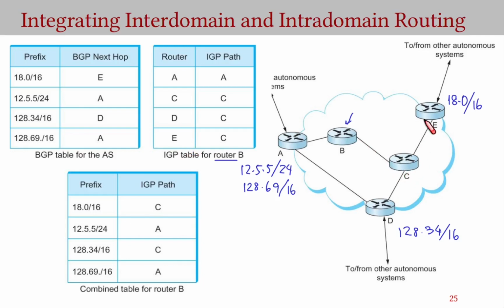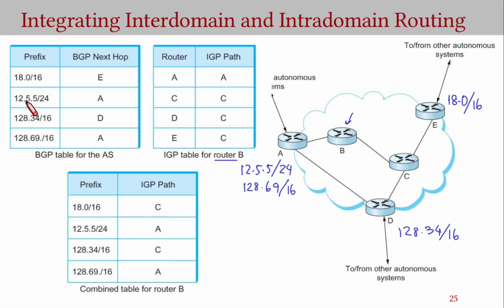And so to merge these two tables, it's rather straightforward. What B is going to do to send traffic to this prefix is this: it knows that to send to this prefix, it has to send to E, and it can reach E through C. So all it does is send this traffic with this destination to C. That's all it does.